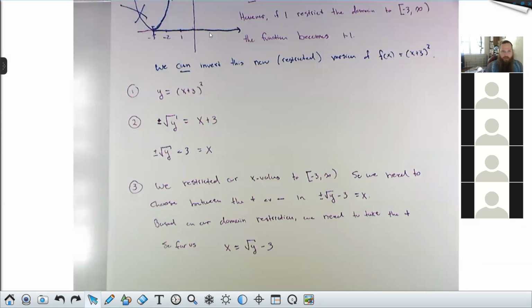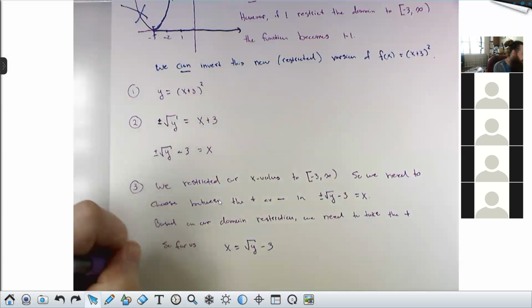The way I guide this, I always choose the domain restriction that lets me include 0. I like to have 0 in my domain. So that means we have to choose the plus or minus here that will allow me to get x equals 0 out of this. Right? If I go with the minus, then there is no y value that will let me get 0 out of this. If I go with the plus, then y equals 9 lets me get 0 out of this. So we know we have to go with the plus. There are lots of ways to think about it.